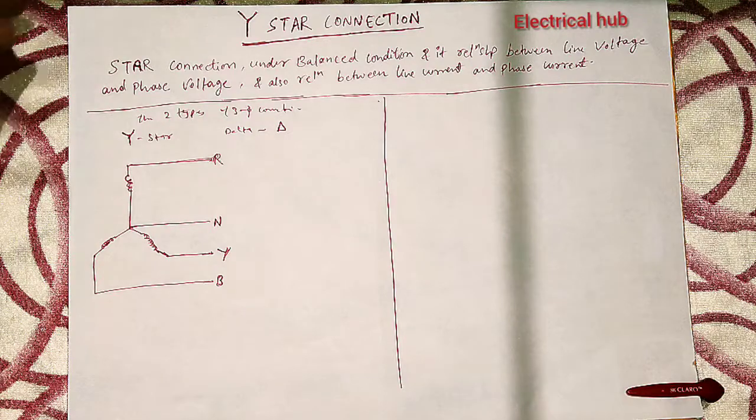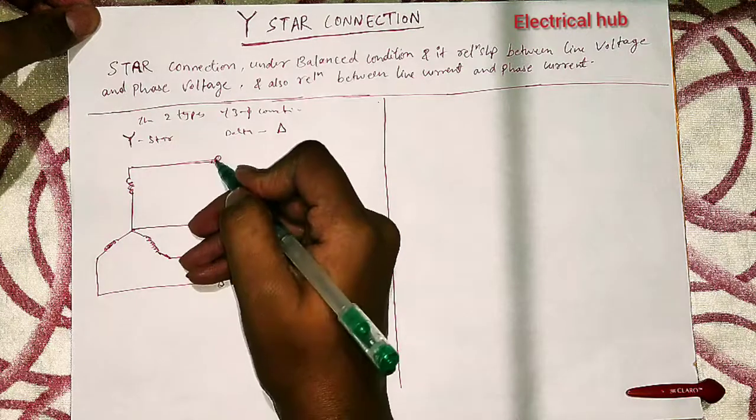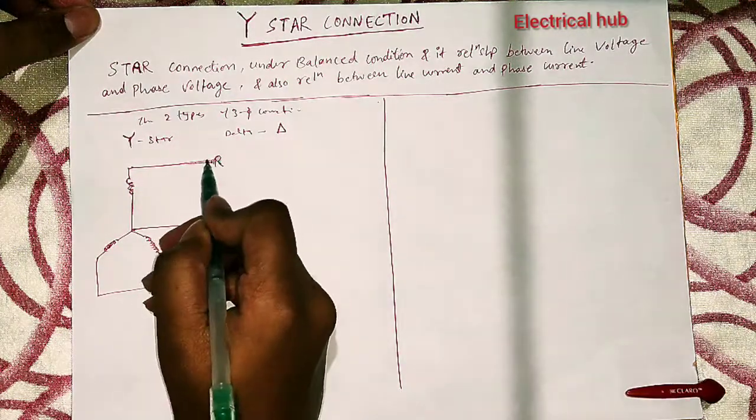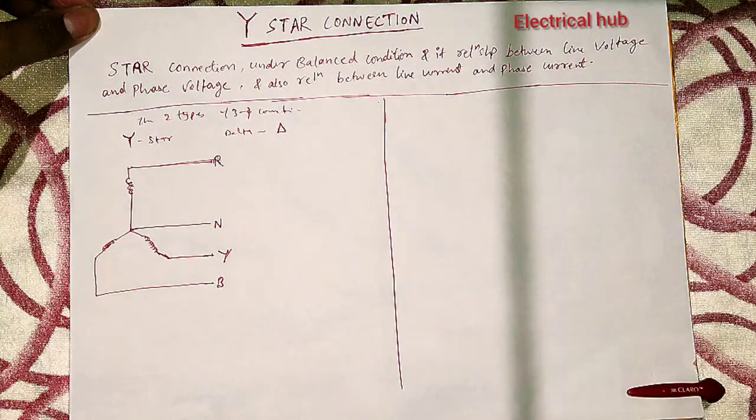Alright, so now we have to understand what phase current, phase voltage and line voltage are, and all the other components of this three phase star connection. The voltage between two line wires, which means wire R and wire Y, is known as line voltage.